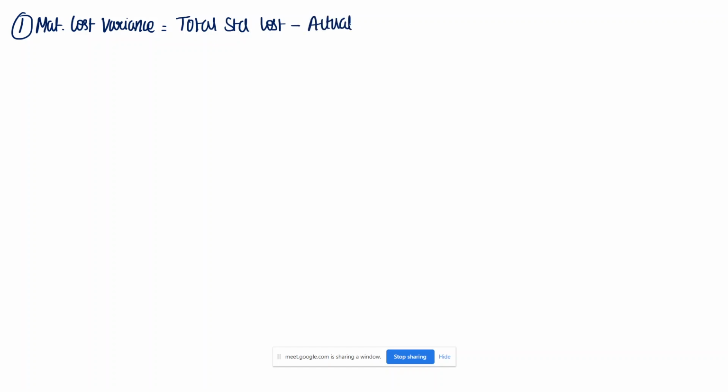Now, standard cost you need for 10,000 kgs or for 9,000 kgs? You need for 10,000 kgs or for 9,000 kgs?